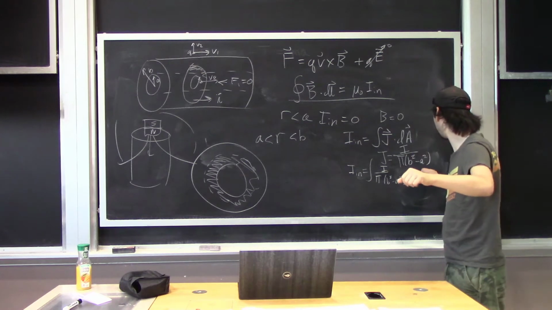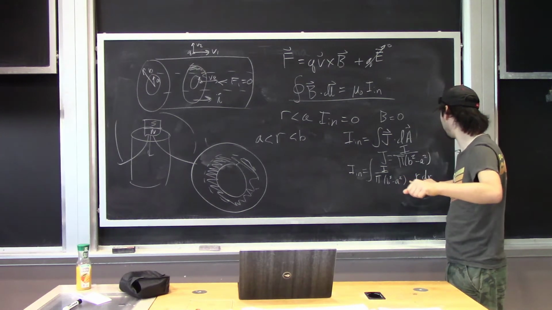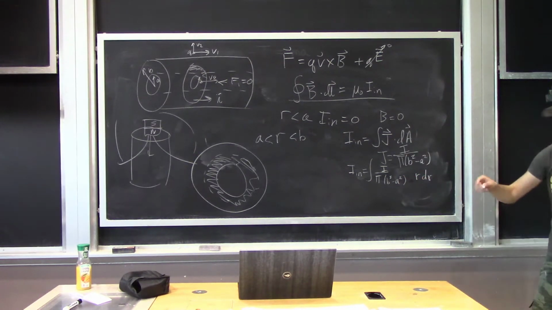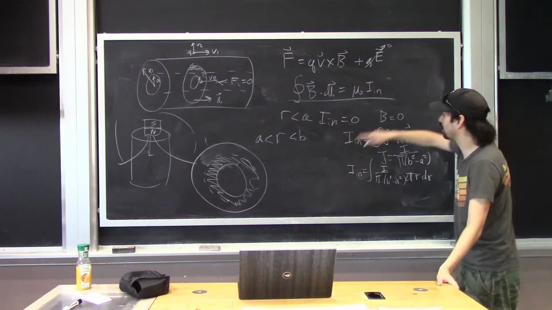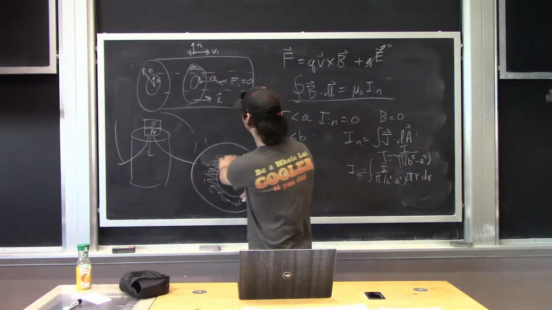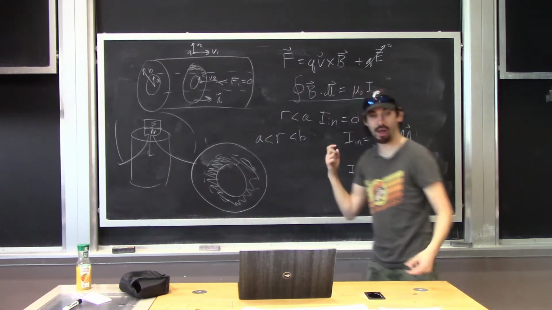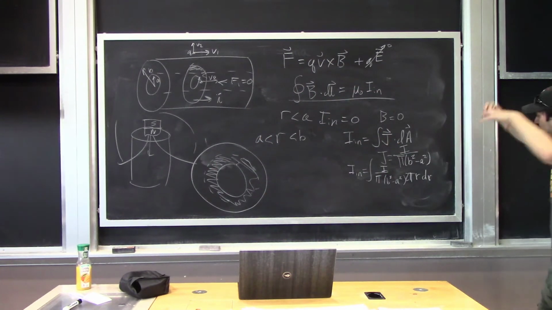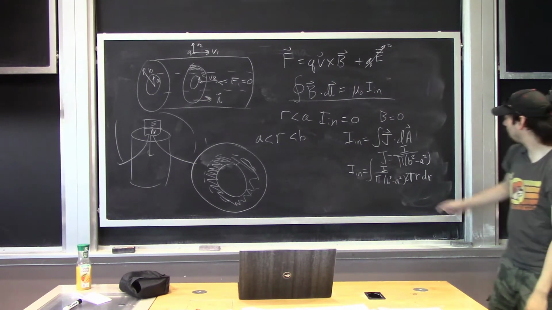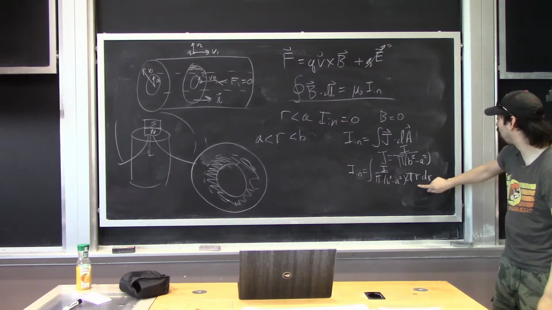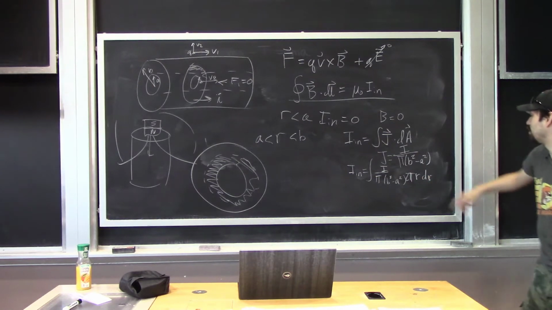It's related to r dr, and there's another factor here: 2 pi. The reason is that we're talking about circular symmetry. How do we build a total circle from infinitesimal rings that have circumference 2 pi r? You say it's going to be 2 pi r times dr.